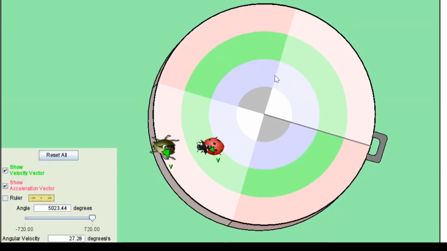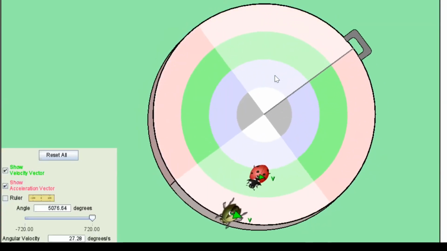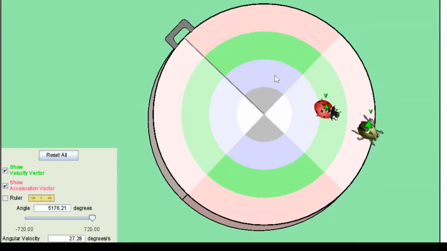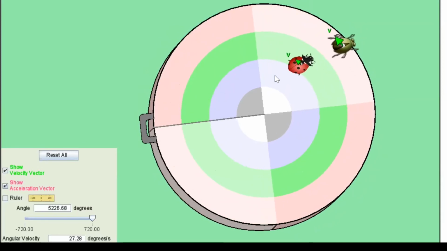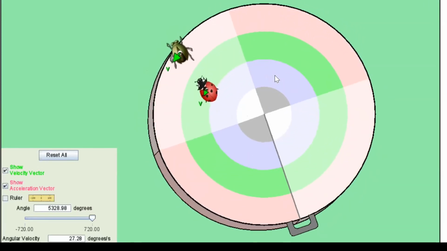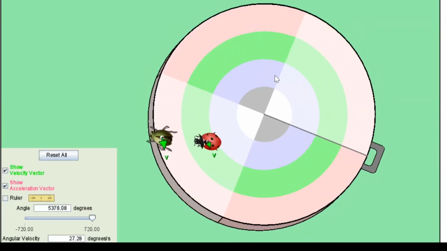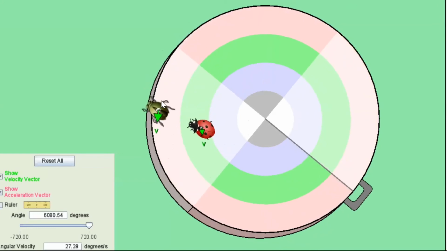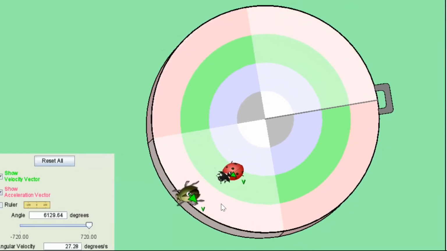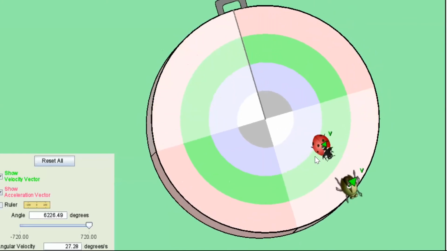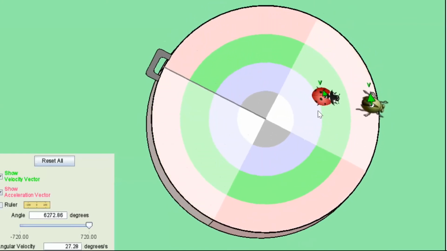Another important thing that we need to remember is the farther a rotating object is from the axis of rotation, the greater is the circumference of its circle, and so the faster its linear speed must be. As you can see, for this green bug, the circumference of the circle that it travels is larger than the circumference of the circle traveled by this red bug.